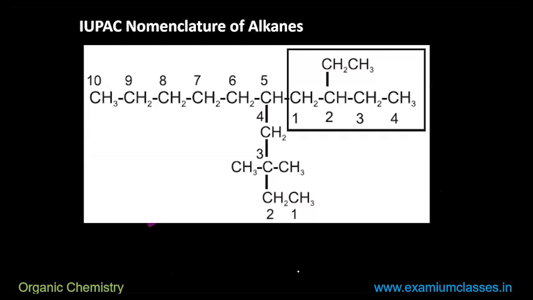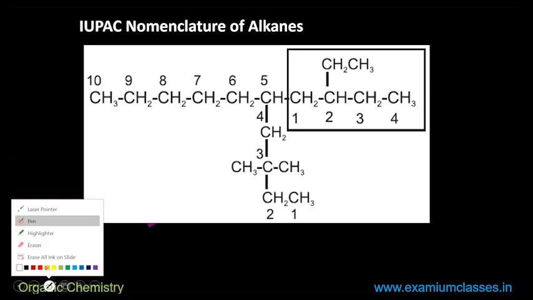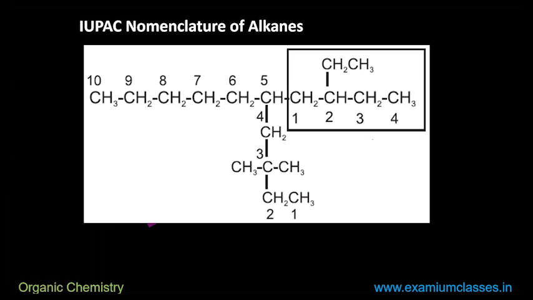What will be the IUPAC name of the branch which is in the rectangle? One very important point: when these types of questions appear in your exam, this rectangle might not be given there. In that case, to show that this part you are considering as a branch and you are naming it as per IUPAC name, you need to keep it in a rectangle.